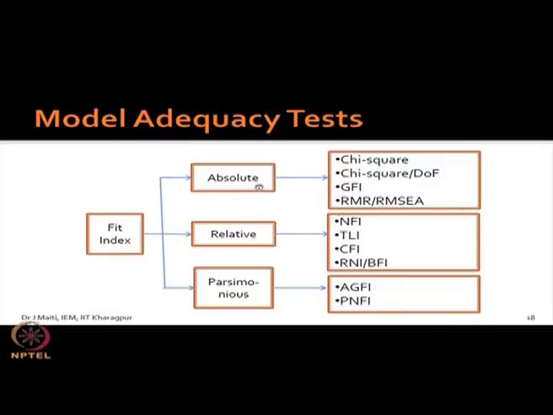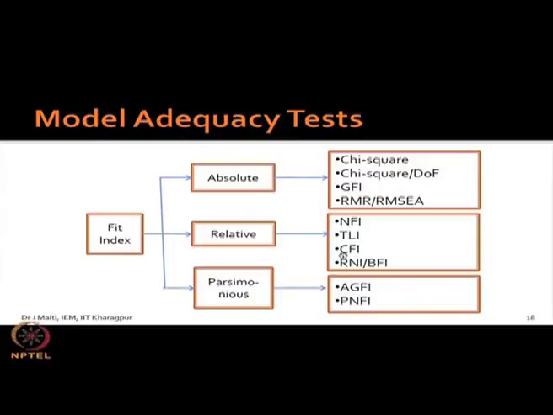So, absolute fit index, relative fit and parsimonious fit index we are discussing, and in absolute fit index there are many indices like chi-square by degree of freedom, goodness of fit index, root mean square residual, root mean square error of approximation, then relative fit index. These are the standard indices available in any literature related to structural equation modeling.